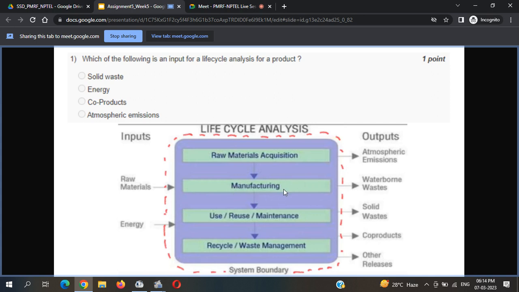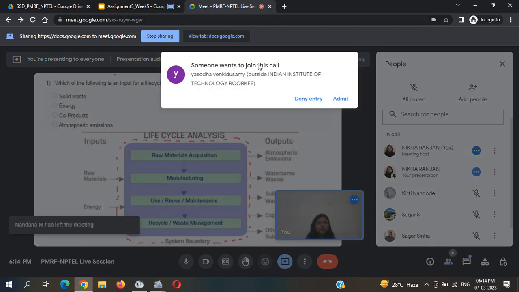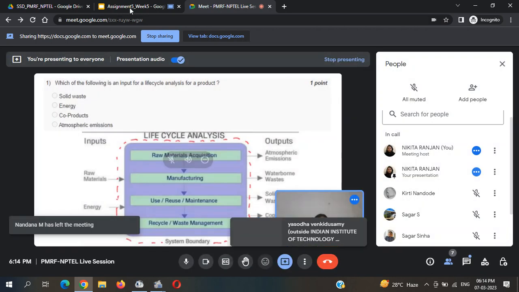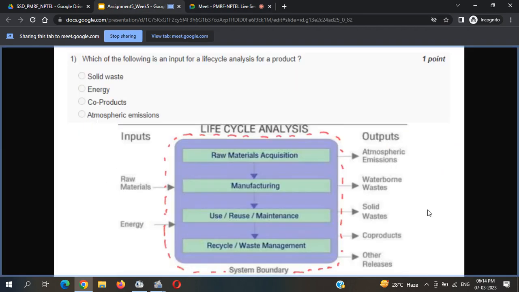Then the process of manufacturing the product also is associated with atmospheric emissions. And then during the use or maintenance or even the reuse of that product, some outputs in the form of atmospheric emission would be there, and same will be there during recycle or waste management of any product.